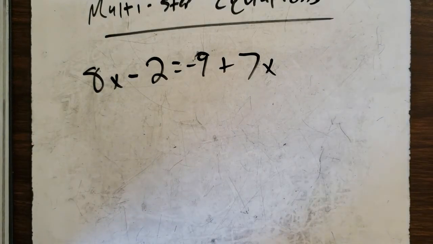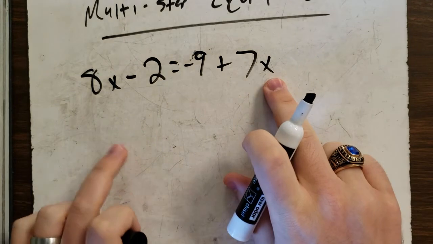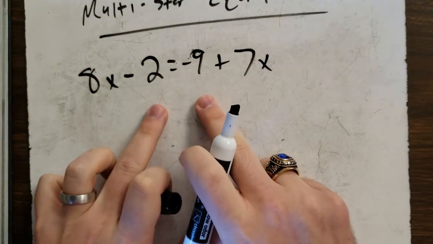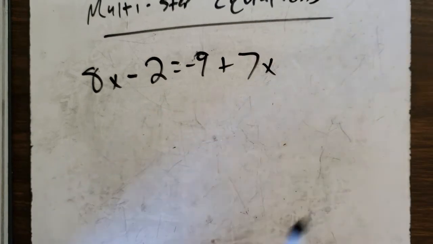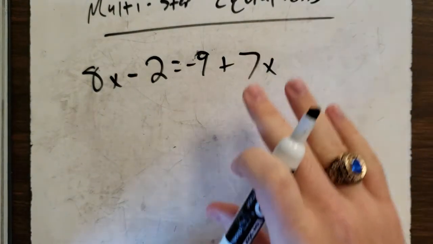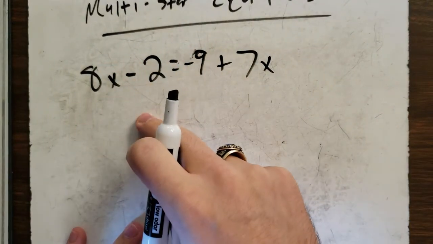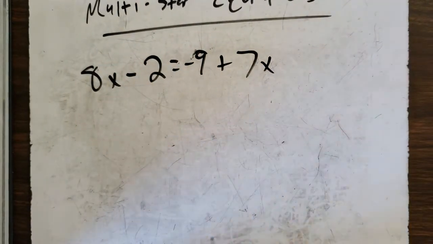We have to get our variable on one side of the equal sign and our numbers that don't have variables on the other side of the equal sign. So we're basically switching sides, taking our letters and putting them on this side, taking our numbers without letters and putting them on the opposite side. So this is the time where we have to move it to the side.